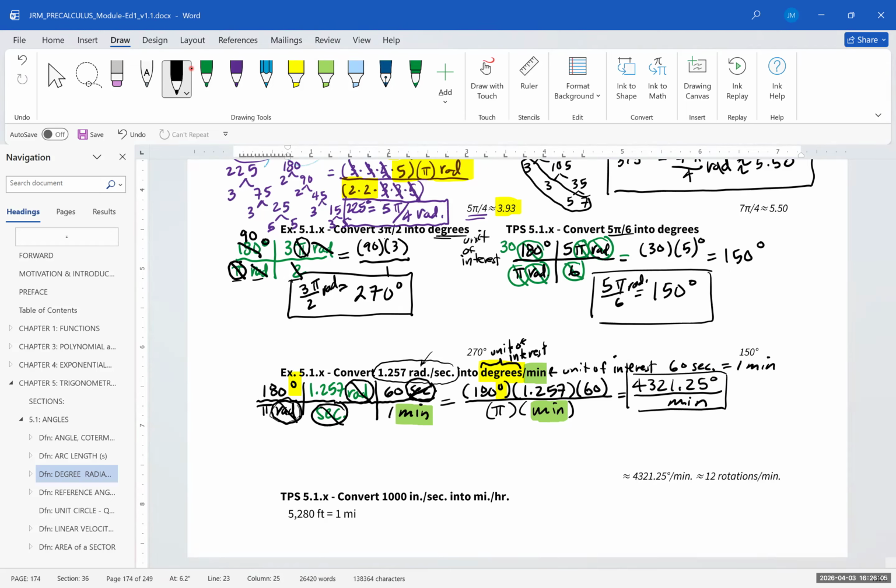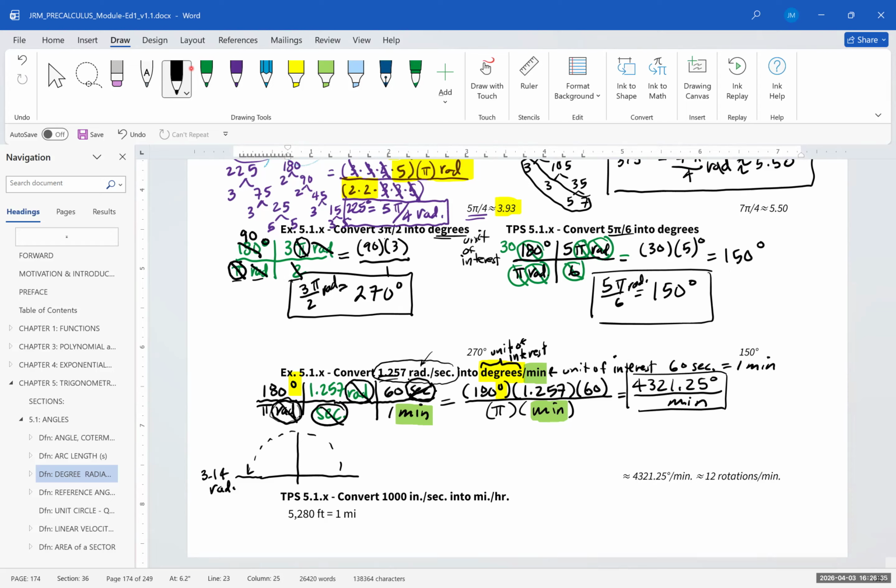All right. Now let's kind of maybe put that in context, because boy, that's such a huge number that looks like that's wrong. But let's take a look at our original problem. So our original problem had this value of 1.257 radians per second. Well, we know that if we go all the way halfway around a circle, that this is 3.14 radians.